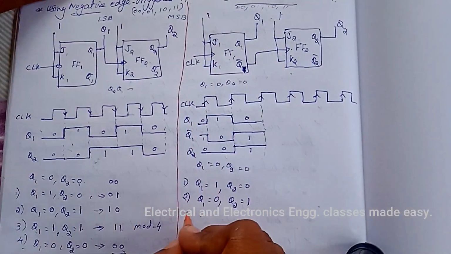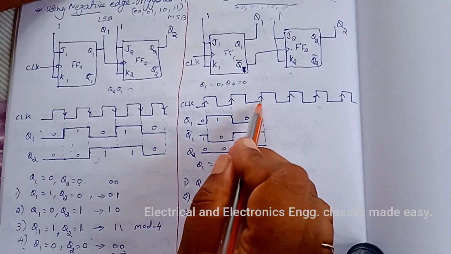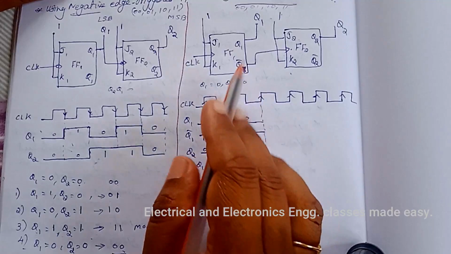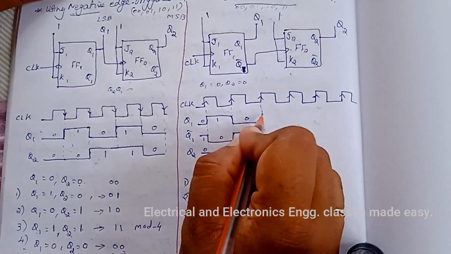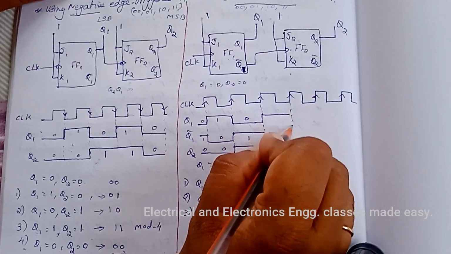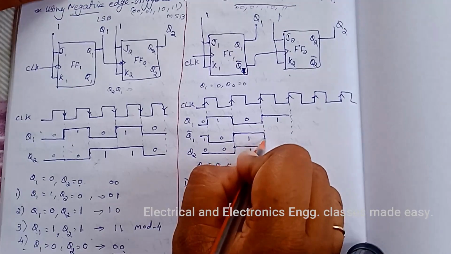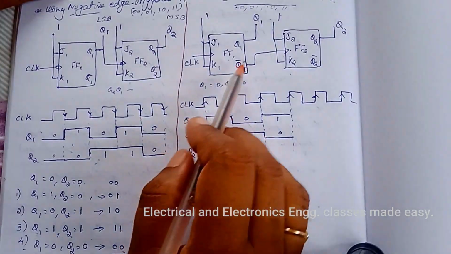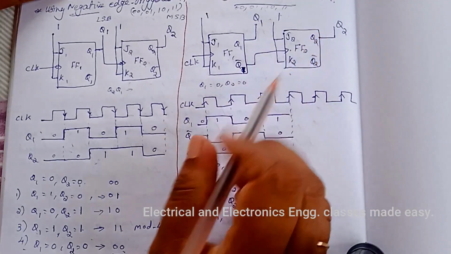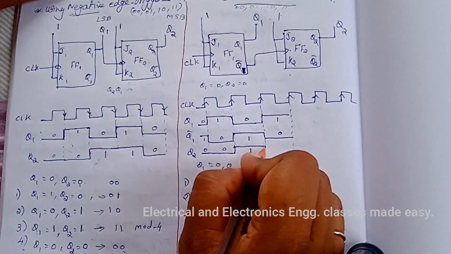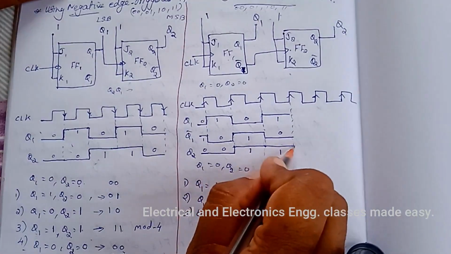Then after the third clock pulse, at the positive going edge of this third clock pulse, Q1 changes. Q1 changes means it will become 1, that is 1 up to the next positive going edge of the clock pulse. So Q1 1 means Q1 bar is 0. Q1 bar 0 means no effect for this flip-flop, that is Q2 is 1 in this case, that is Q2 equal to 1, that is previous case.